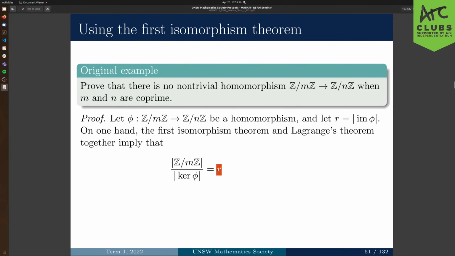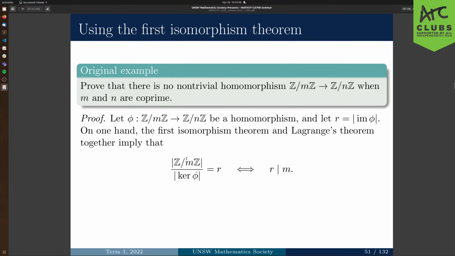So the size of the image is R, and I can apply the cardinality to the top and the bottom. So I have that R times the size of ker phi gives you Z over MZ. But this thing here has M elements, because there are M remainders by M. So this quotient group has M elements. I think I mentioned that earlier.